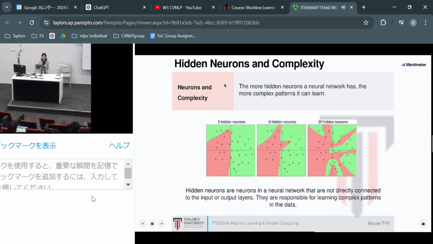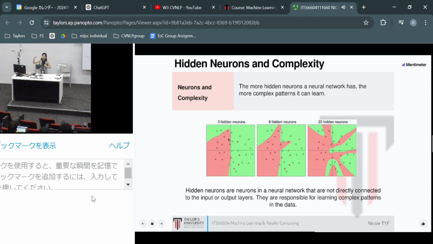If we only have 3 hidden neurons, we can see that this network is able to learn a certain simple boundary. We can see that with this boundary, even though it is non-linear, it is still having a lot of errors at the green side, as in we see some red dots in the green side of the classes.